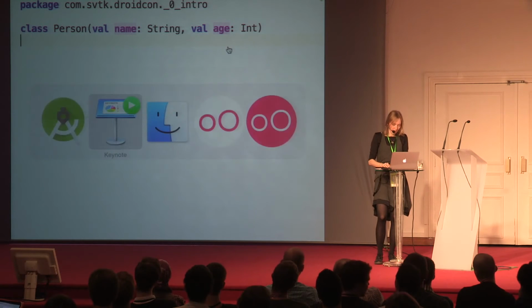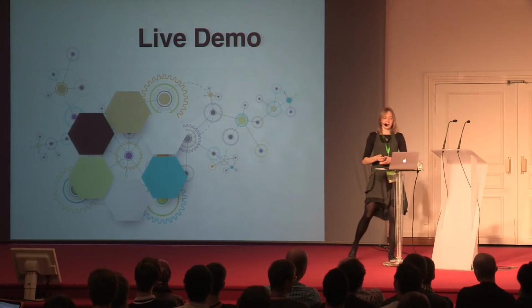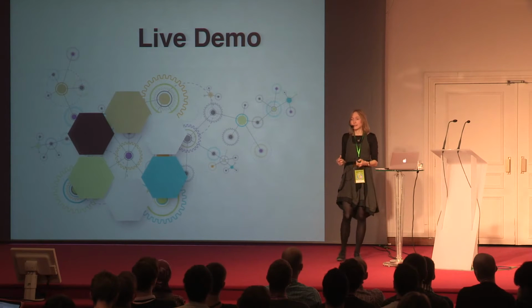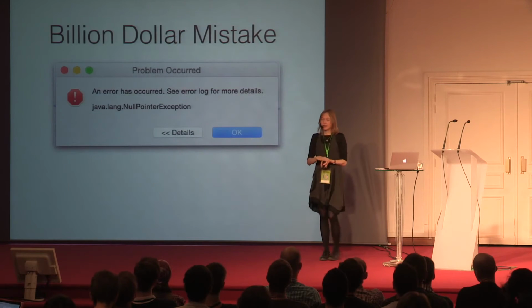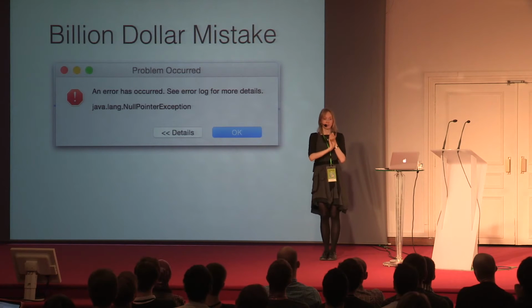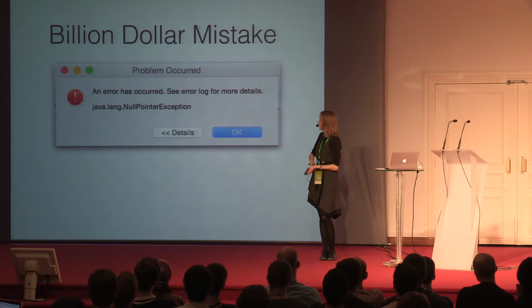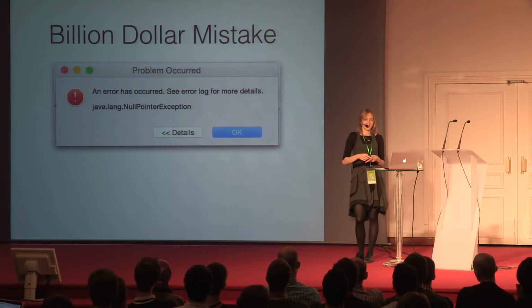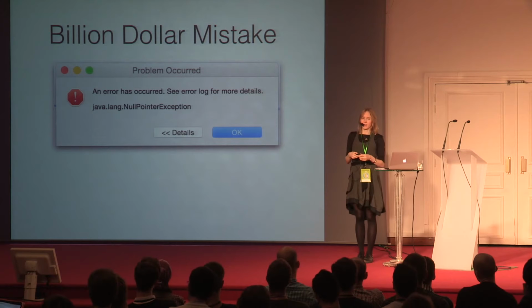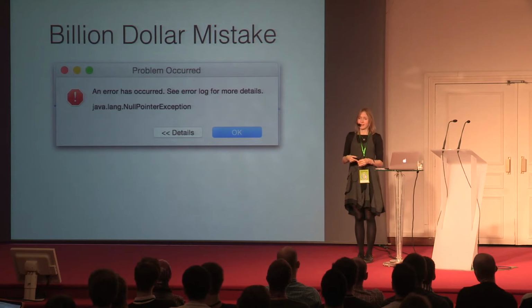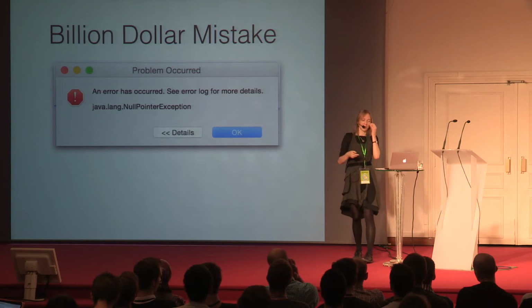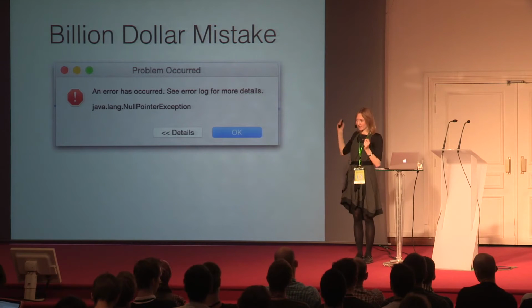Okay, so let's return to slides. What I'm going to talk about now is safety, in the sense of null pointer exception problems. There is a classical problem that has its special name by Tony Hoare, the billion dollar mistake, because no one can count how much money it cost to fix all such problems.